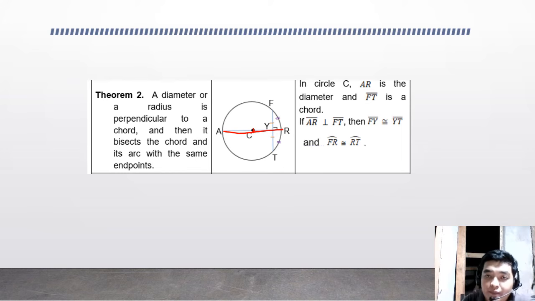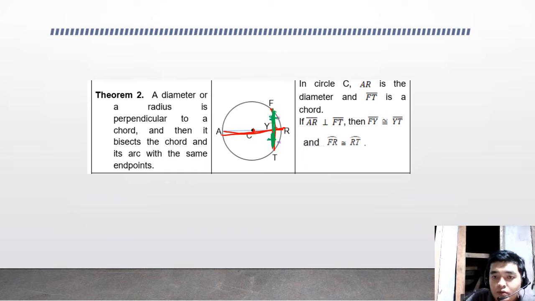And FT is a chord. If segment AR is perpendicular to segment FT, then FY and this other part are congruent.